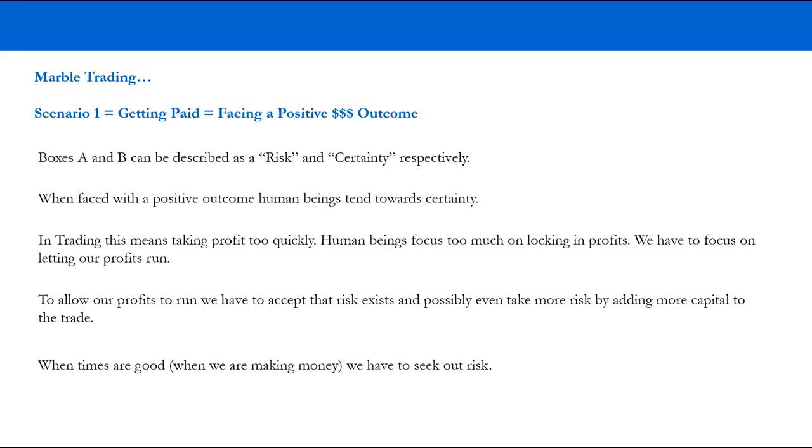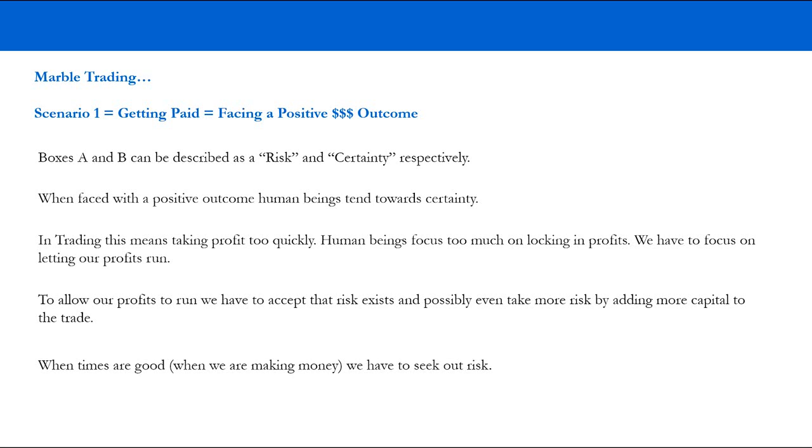Well, if you look at the risk-adjusted payoff of each box, the payoff of box A is actually 0.75, a 75% chance of pulling a blue marble, of which there were 3 out of 4 marbles, so a 75% chance of pulling a blue marble and making £1,000.